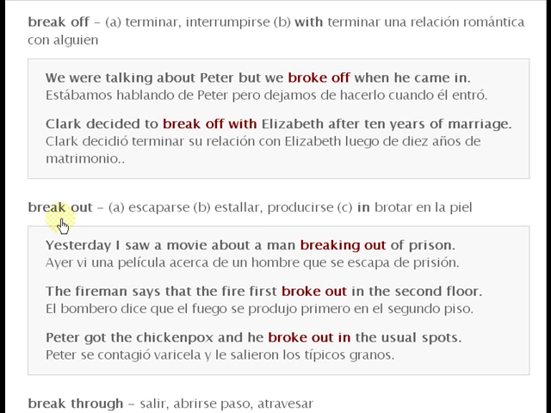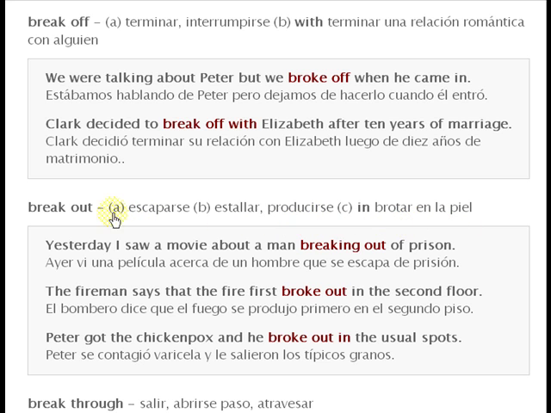Break out. Well, we got another word there. If you break out of someone, more or less out means you're leaving something. So in this case, break out means to escape. Well, you see there that the word is escaparse, okay? And you can see the other uses of the word here.